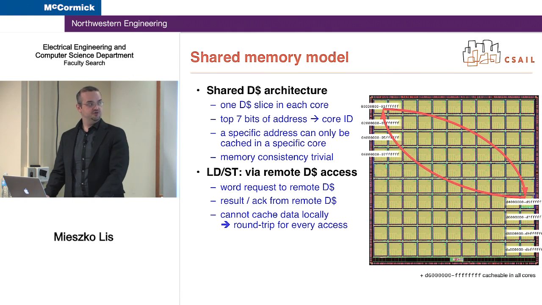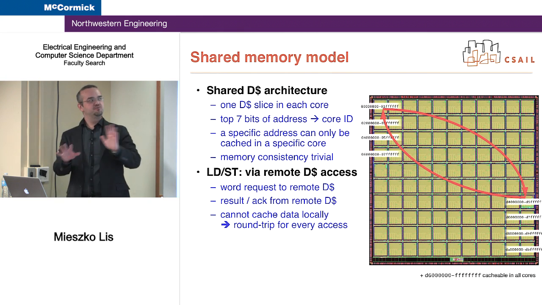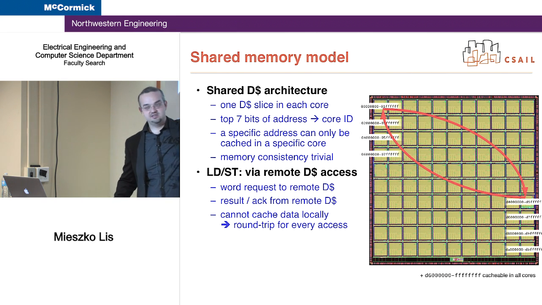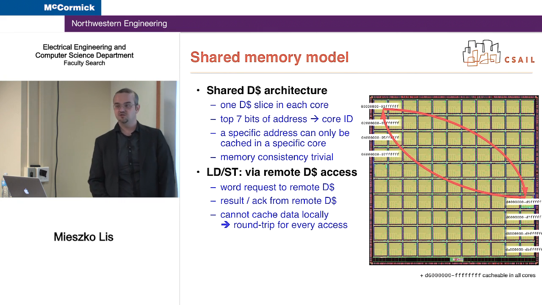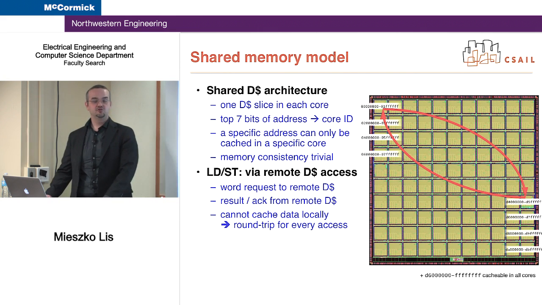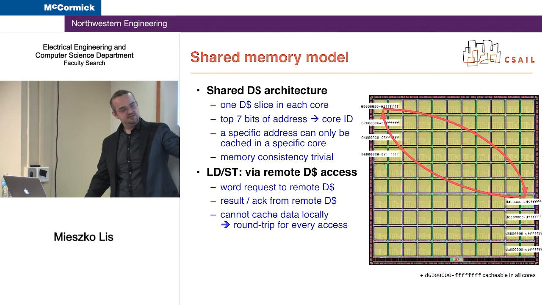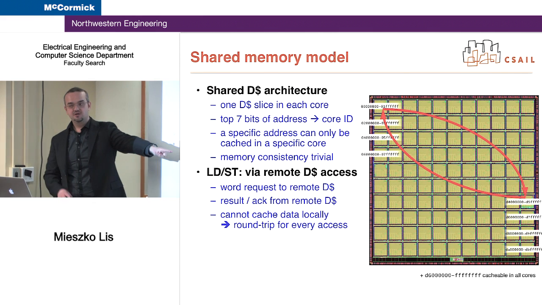So the chip architecture is basically a shared distributed data cache, and the data cache is sliced. The addresses are blocked, and each address range has a cache that is allowed to cache it. Normally, by default, if you have to access somebody else's address range, you send a message to them, all in hardware.